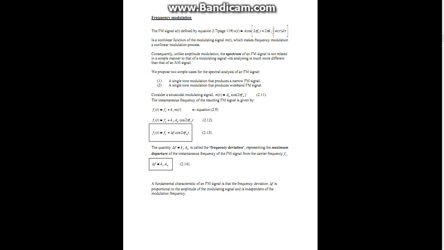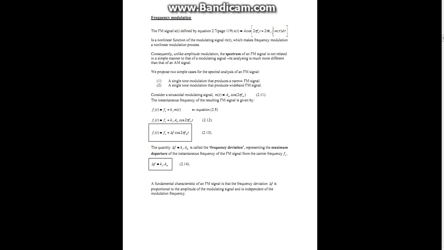So delta f = kf × Am. Finally we get the instantaneous value fi(t) = fc + delta f cos(2π fm t). So this is the instantaneous frequency of the FM signal.